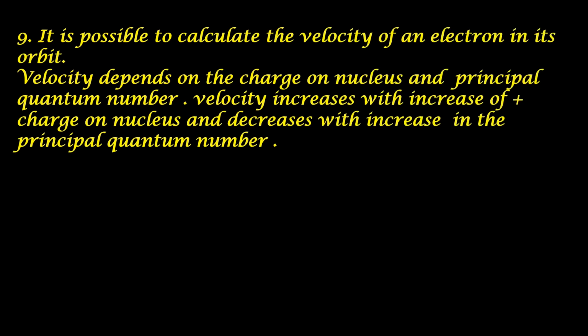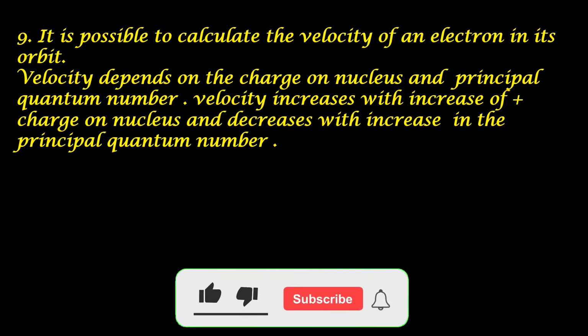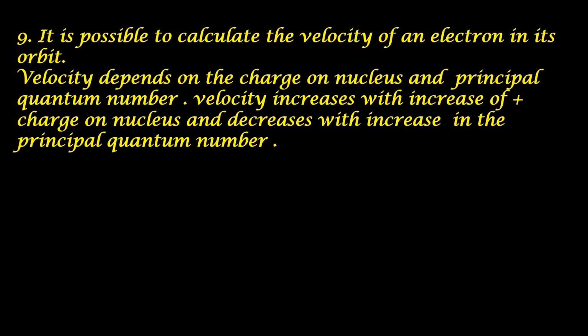Last postulate. It is possible to calculate the velocity of an electron in its orbit. Velocity depends on the charge on the nucleus and the principal quantum number. Velocity increases with increase of positive charge on the nucleus and decreases with increase in principal quantum number. If we represent the quantum numbers like this, n1, n2, n3, etc., the quantum number increases along this line.